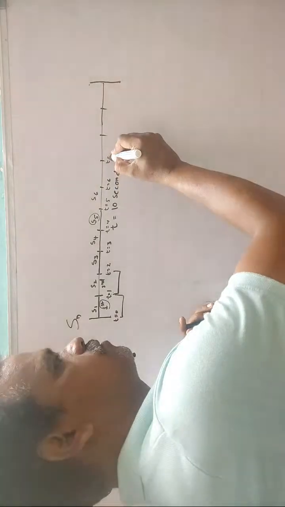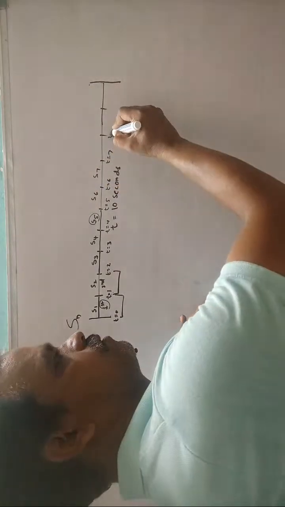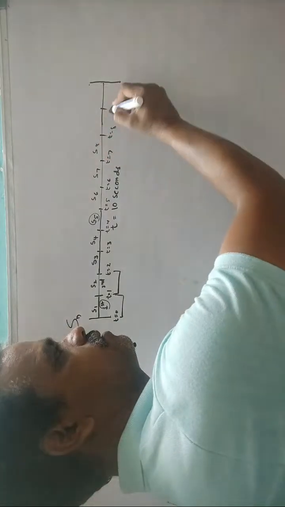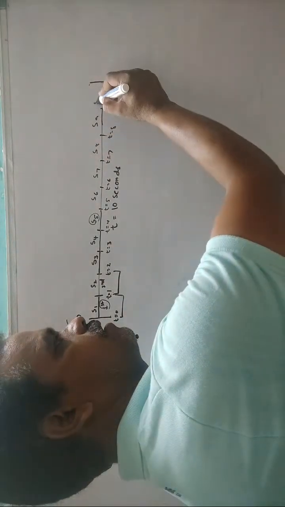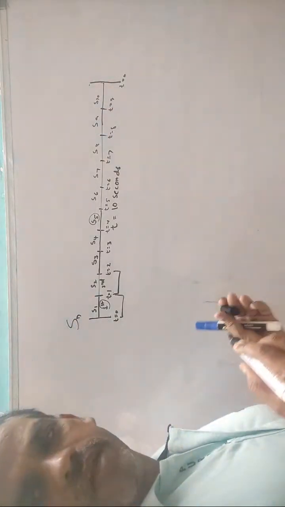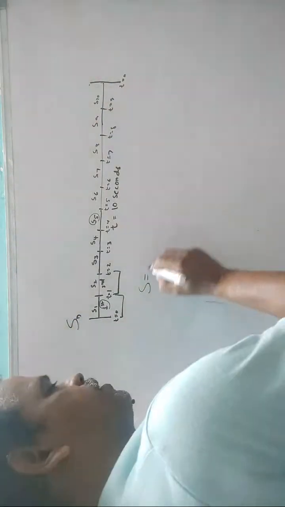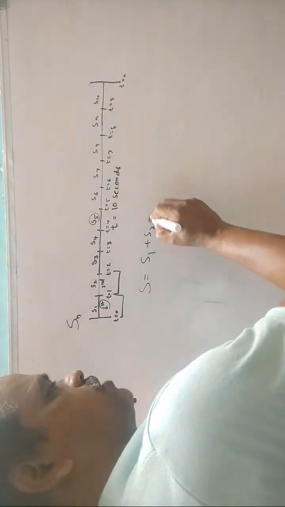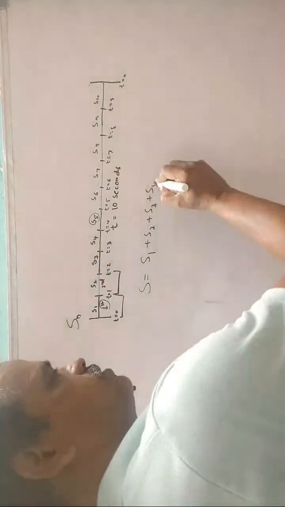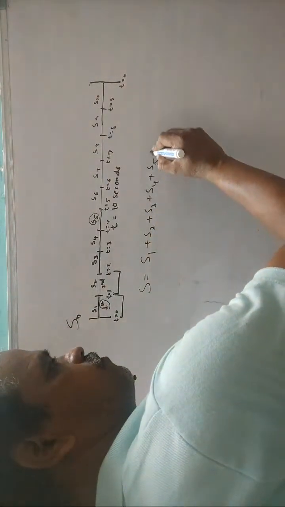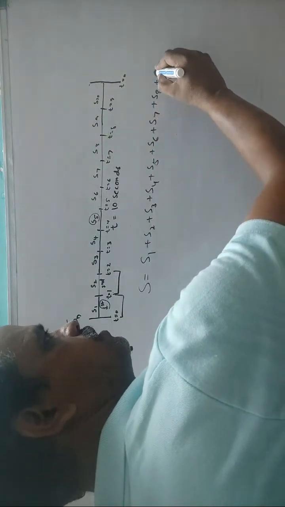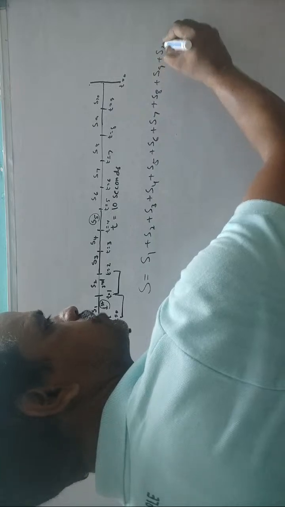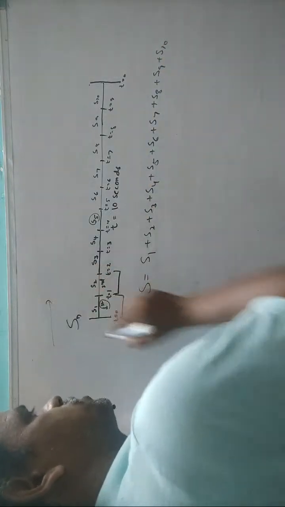T equal to 7, S7. T equal to 8, S8. T equal to 9, S9. T equal to 10, S10. So the final total displacement covered by the body is S1 plus S2 plus S3 plus S4 plus S5 plus S6, S7, S8, S9, S10. So here you write a statement.